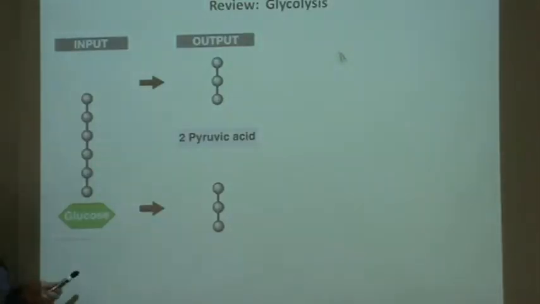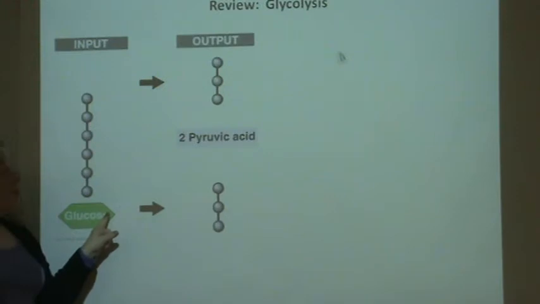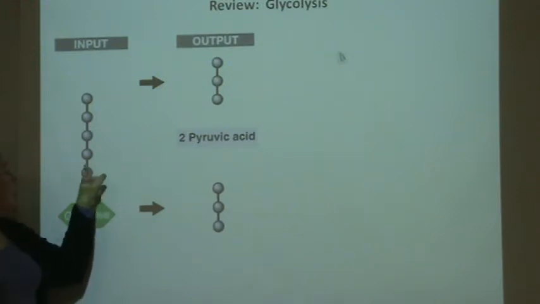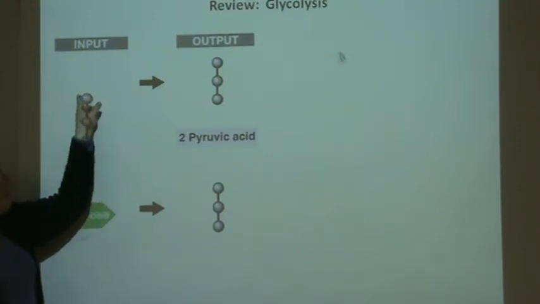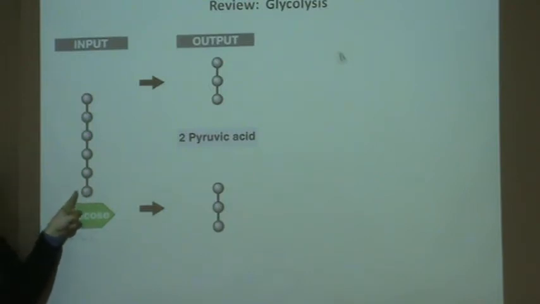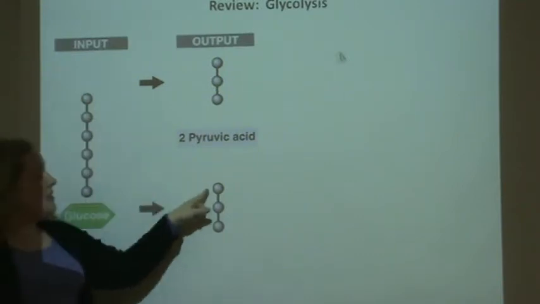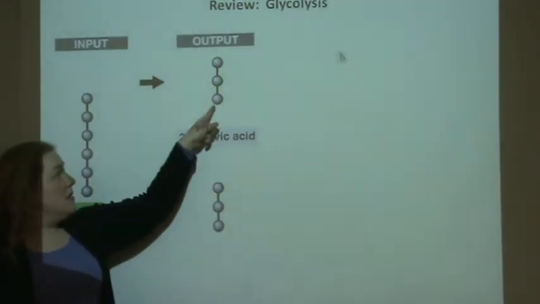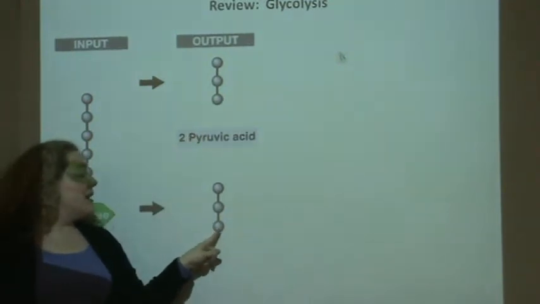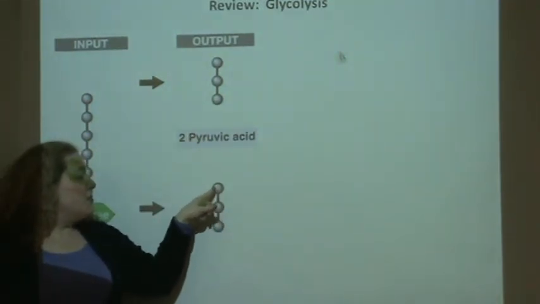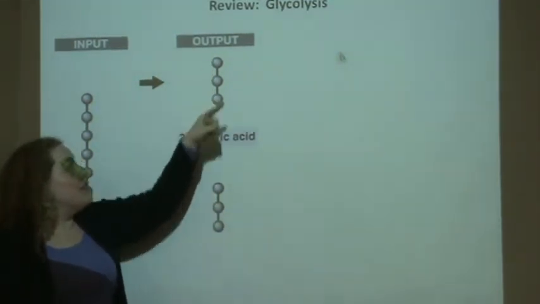So let's review generally what happened with glycolysis. We're starting with a 6-carbon sugar, glucose. And these balls connected by the lines represent a 6-carbon sugar, glucose. And during glycolysis, this 6-carbon sugar gets broken down into 2 separate 3-carbon molecules called pyruvic acid. So here's one pyruvic acid, here's another pyruvic acid.